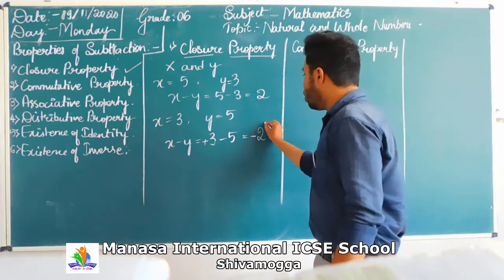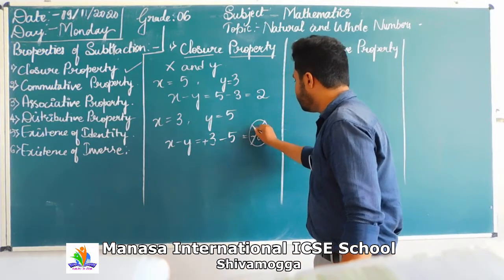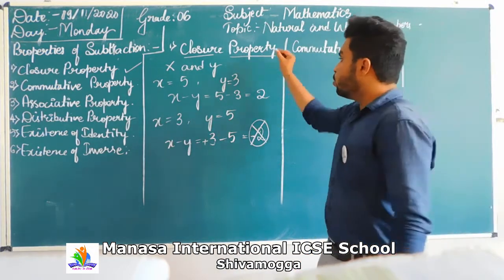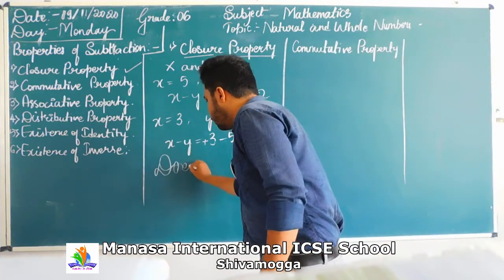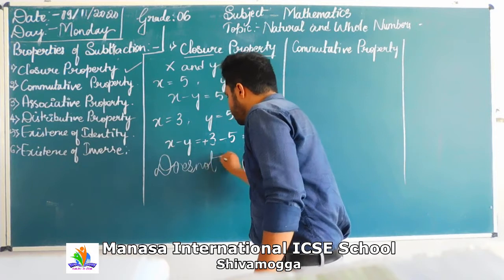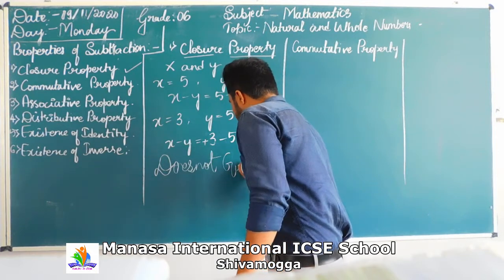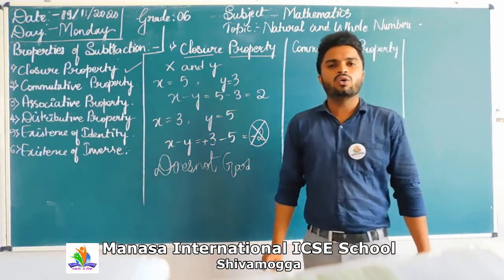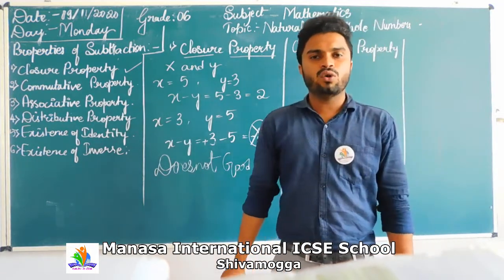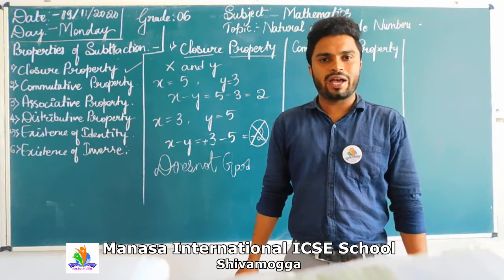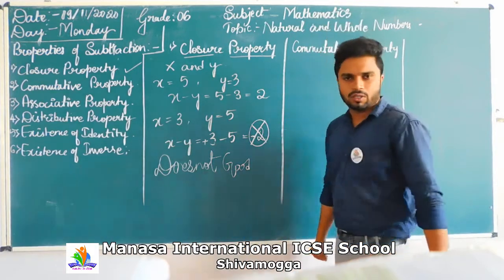This minus does not come under the whole numbers, right? Hence the closure property does not hold good for subtraction. This is about the closure property.